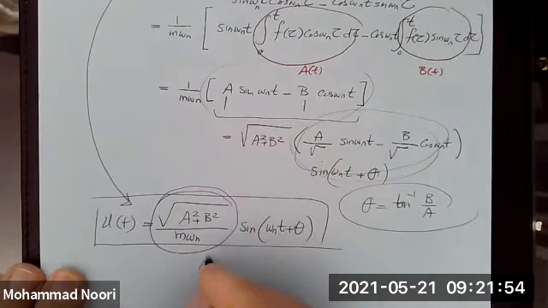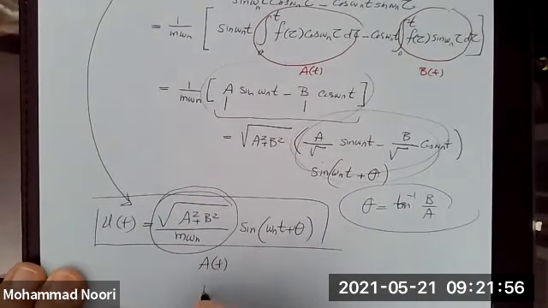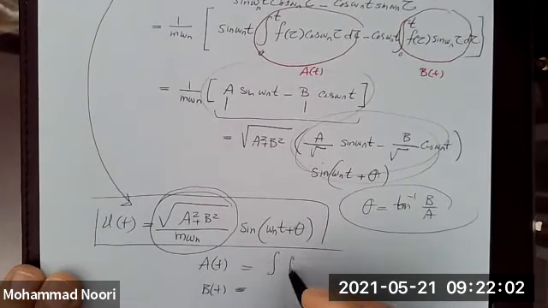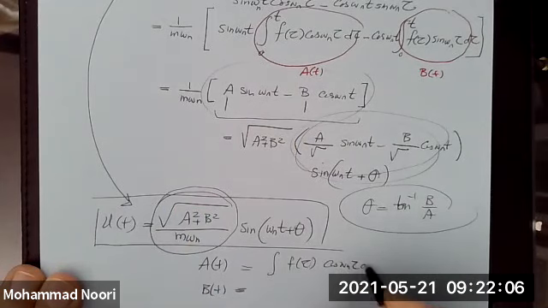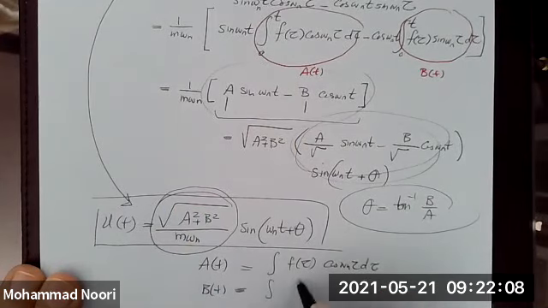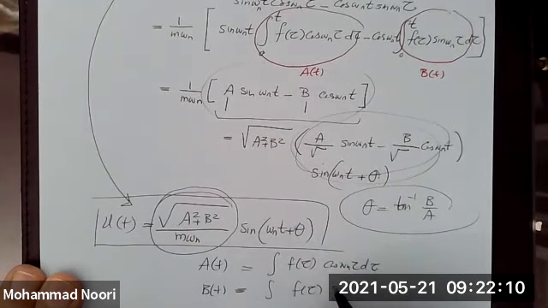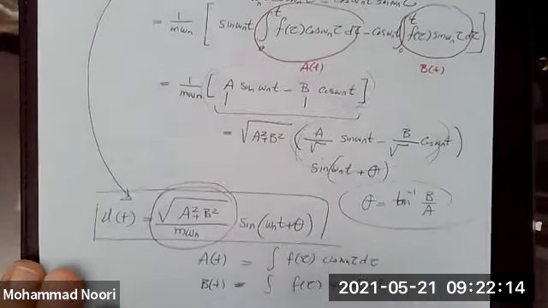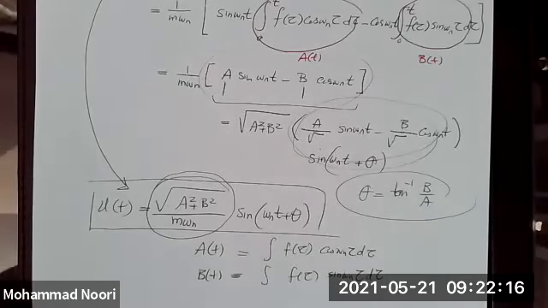You can evaluate these two integrals, A and B, that is, the integral of f(τ) cos(ωₙτ) dτ and the integral of f(τ) sin(ωₙτ) dτ, using some numerical integration schemes.